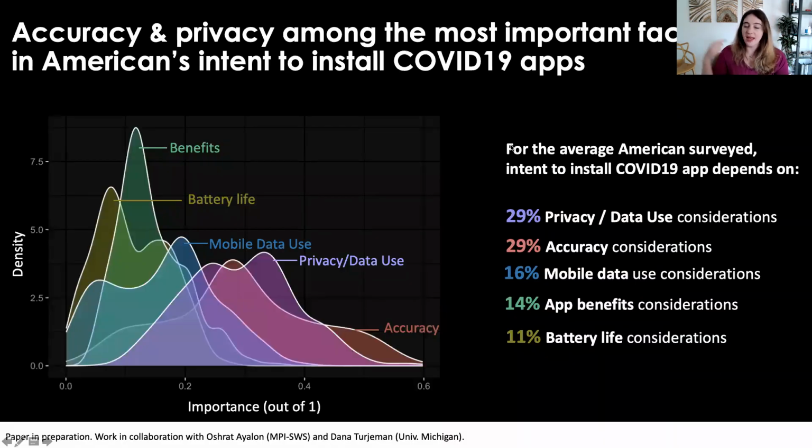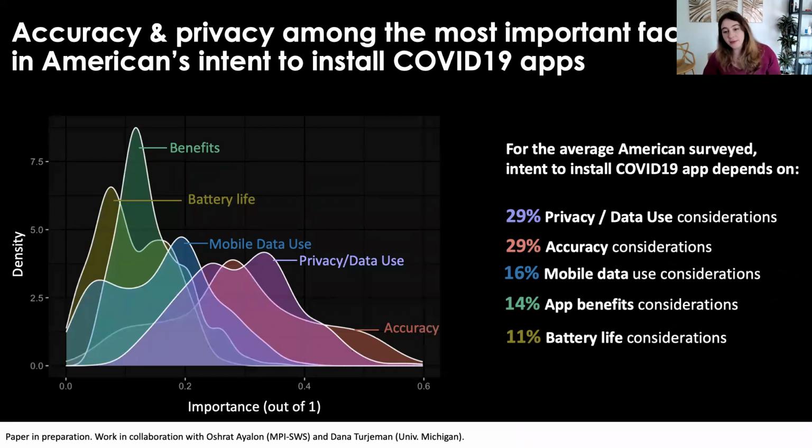Based on people making a number of these decisions, we're able to say, in the average case, what does people's intent to install depend on? And the answer to that question is that about 30% of people's consideration is privacy and data use considerations.